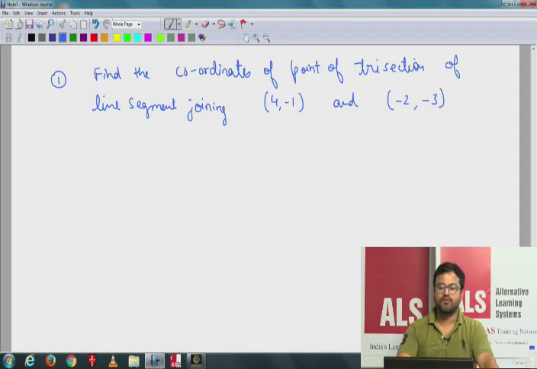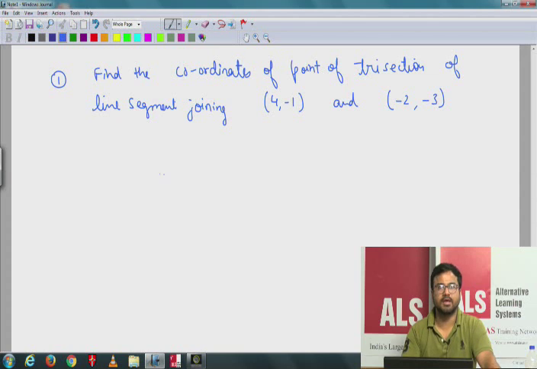Question says find the coordinates of point of trisection. Trisection means this line segment will be divided into 3 equal parts. So to divide it into 3 equal parts, you will require 2 points over there. So you have to find the coordinates of those 2 points.